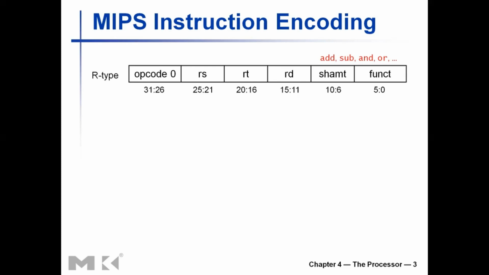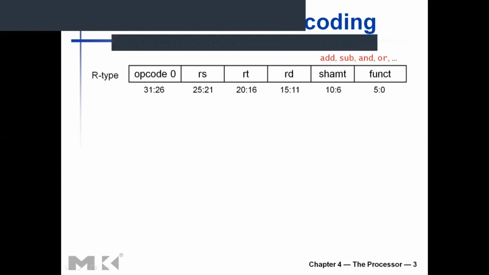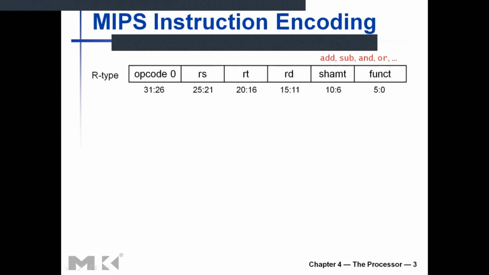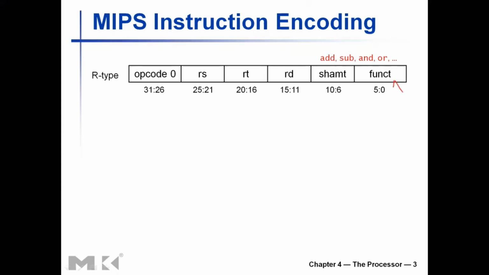That is defined under this funct field that you see here. This funct field is the field that defines the function that the ALU is supposed to perform for this operation.